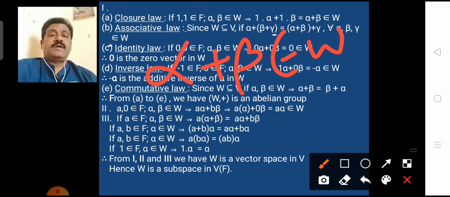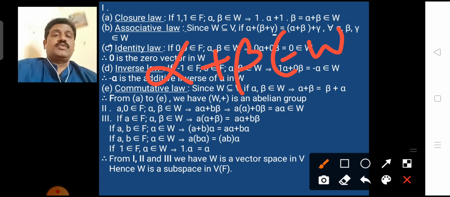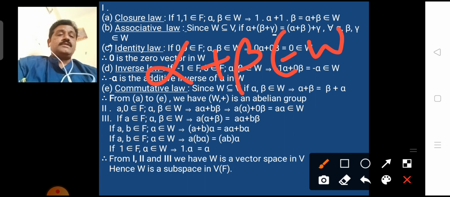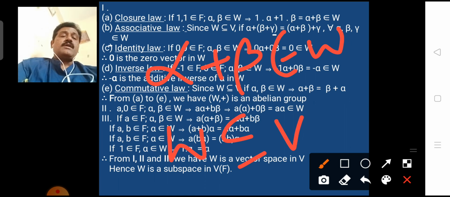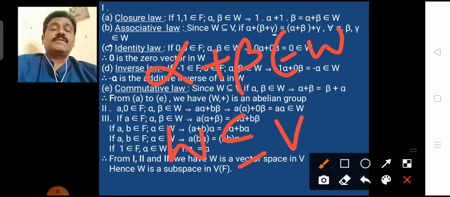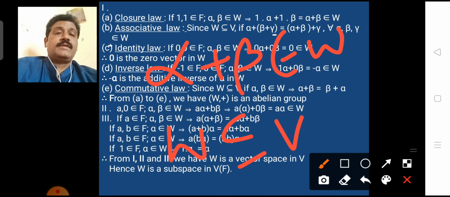Now, two, associative law. Since W is a subset of V, that is, all the elements of W are in V, W is associative with respect to vector addition.